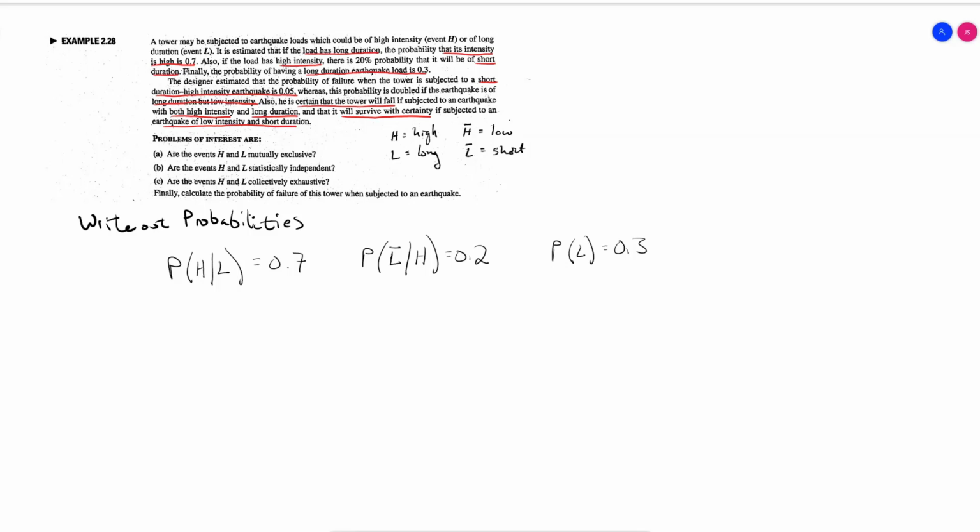The designer estimates the probability of failure when it's subjected to a short duration, high intensity earthquake is 0.05. So let's write that out. So probability of failure, so F equals fail. Probability of failure given short duration and high intensity.